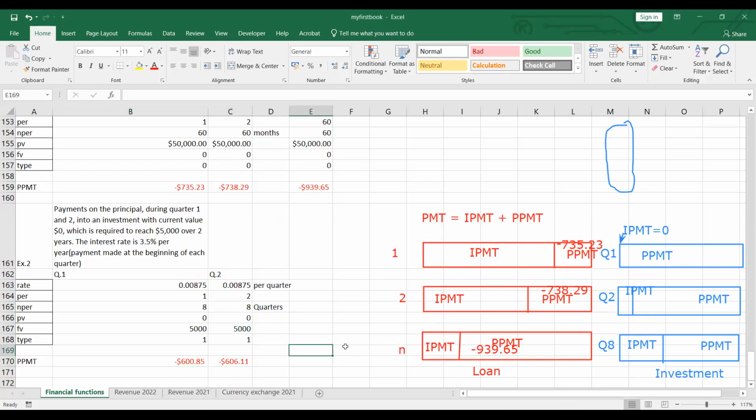Let me write it down in the box that I provided. And for the last quarter, quarter 8, it is 638.63.